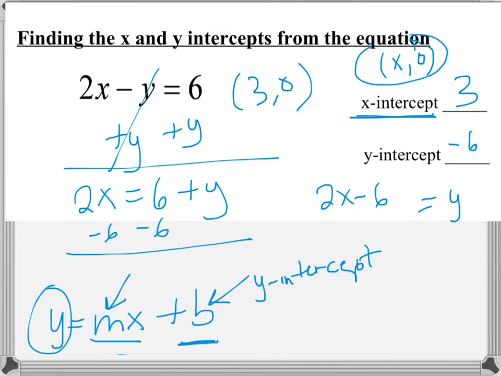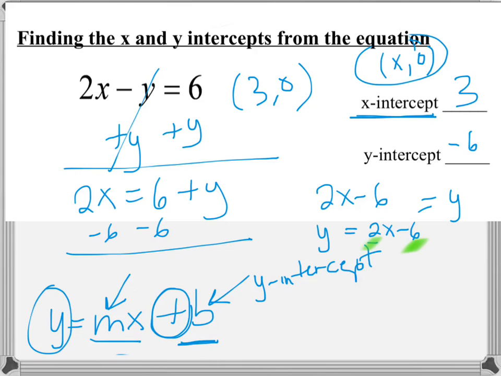Now, since the equal sign is reflexive, meaning I can move things around the equal sign, I can rewrite this as y is equal to 2x minus 6. Okay, so in this case, the 2 right here is the slope, and the negative 6, actually, in order to be in slope-intercept form, this has to be addition.